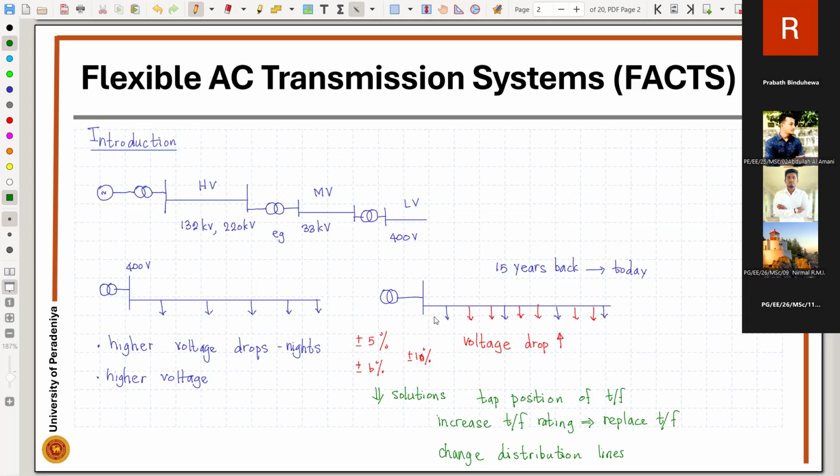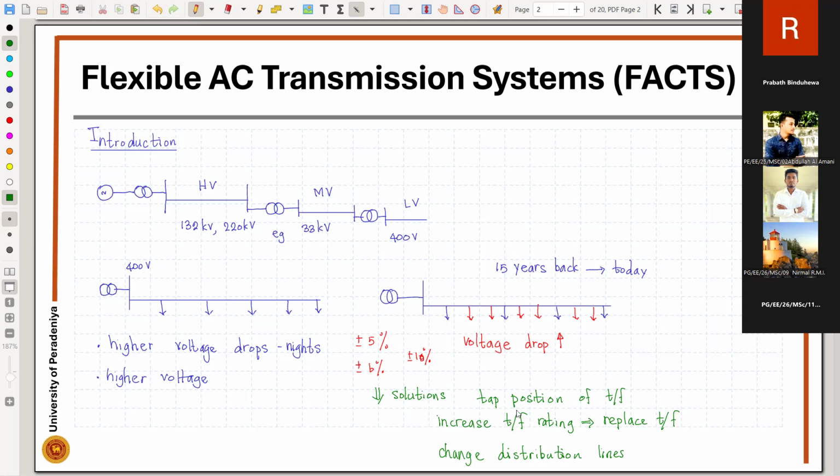But that is limited because you have the loads connected to the line closer to the transformer. If you increase it, you can't increase beyond the rated allowed limit. So that is also going to be limited.